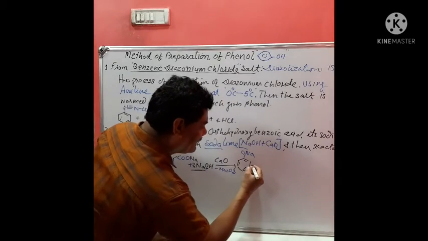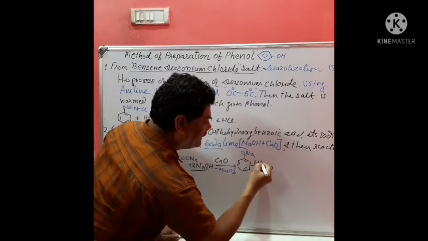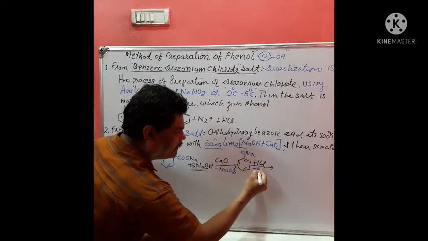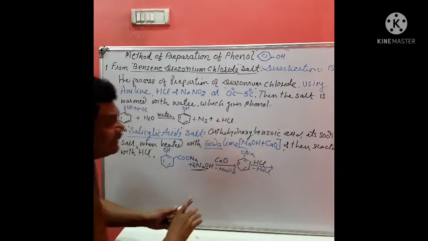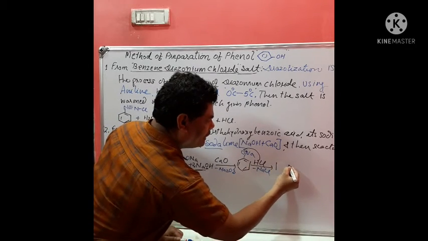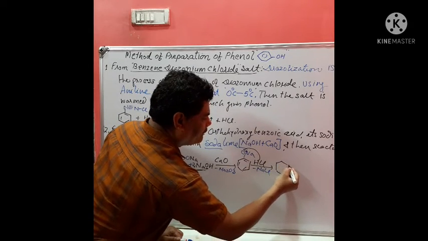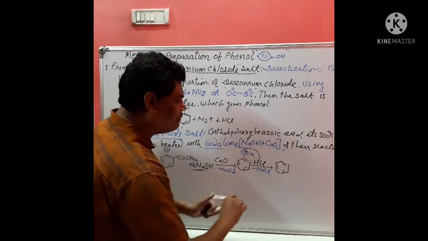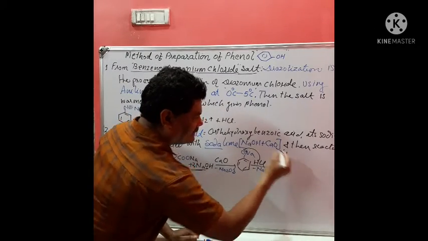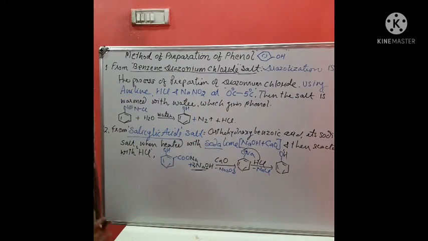When it reacts in the next step with HCl, now Na and Cl become what? NaCl, and the remaining part, H, will enter here. So this will become what? Phenol. This is O and this one is what? H. Okay, so this is the second method of preparation.